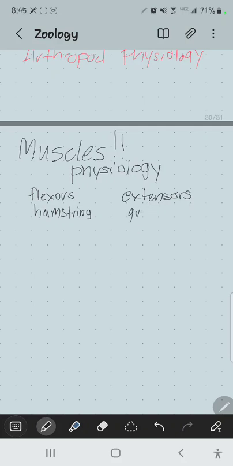We'll cover smooth muscle maybe on Tuesday. But anyway, we have our tendon there. The main thing to note is muscles are made up of protein fibers that are bundled together. And the main thing I want you to get here is that muscles can only really do one action.